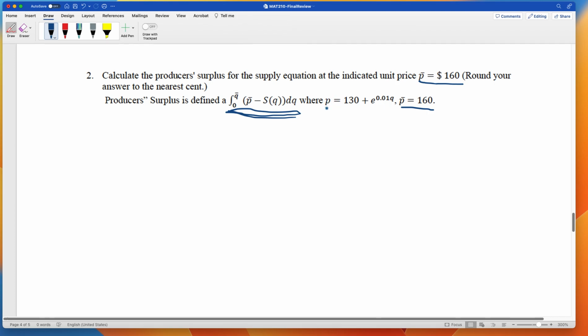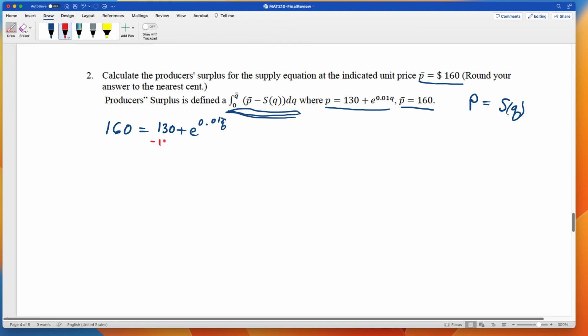So we use this function P, which remember is really the same thing as S of Q. It's a function in Q. Okay, so first step, we know that our price is 160, and that's got to be equal to 130 plus e to the 0.01 Q, and we'll call that Q bar, because putting in P bar gives us Q bar, same point. And we just now need to solve for Q bar.